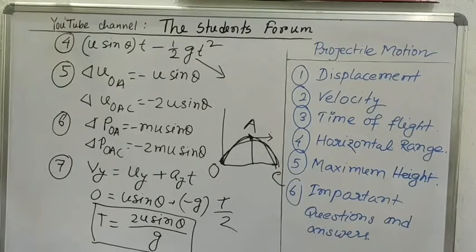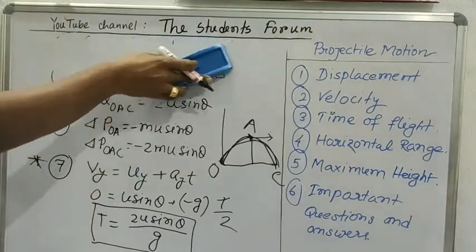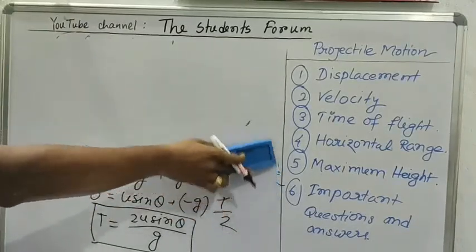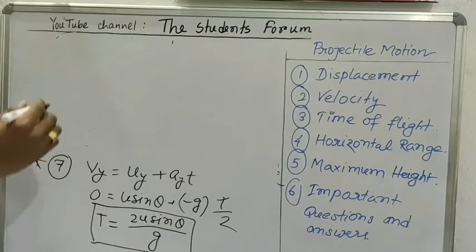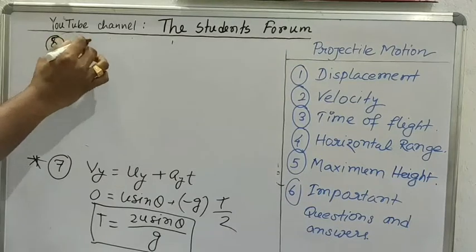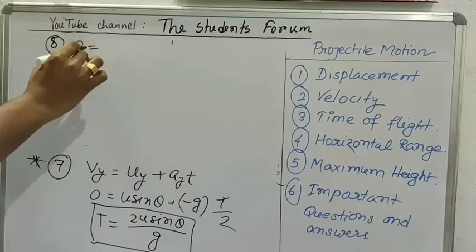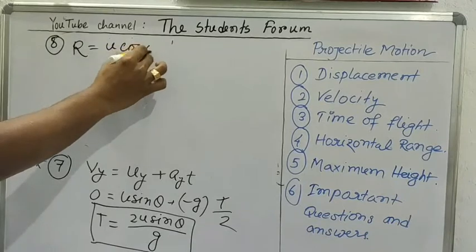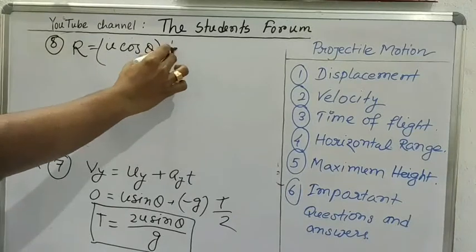Now the next point is the horizontal range. This relation is also important. Many questions came in the last exams from the horizontal range. The horizontal range is given by r equals the horizontal component of velocity into the time of flight.